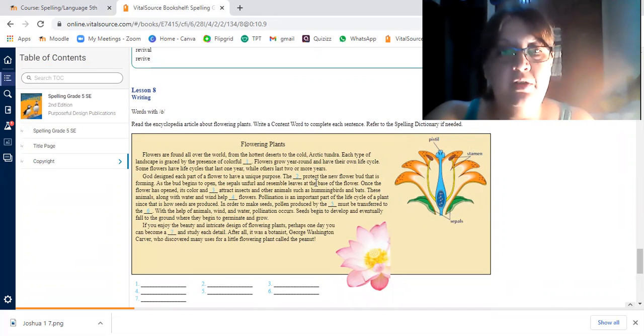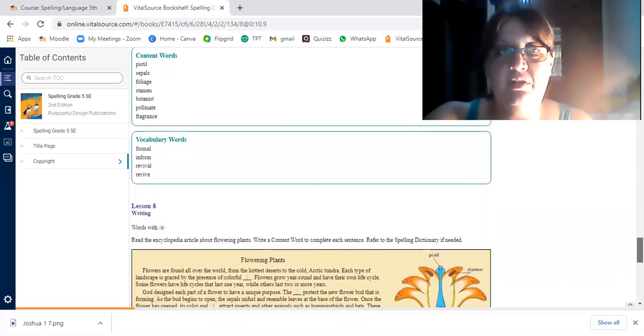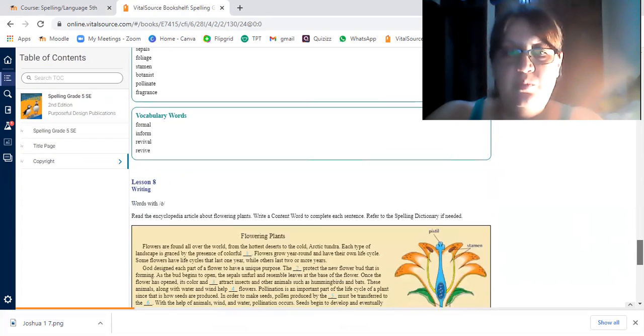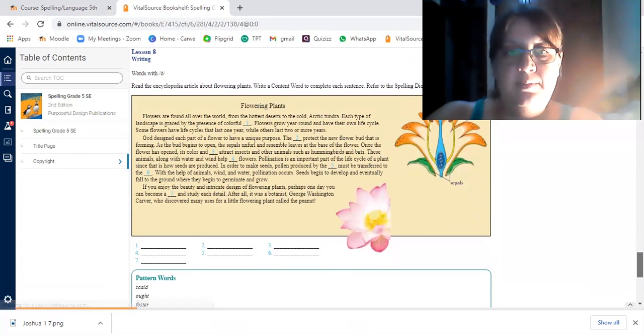All right, so what you're going to do is read the encyclopedia article about flowering plants, and then write a content word to complete each sentence. So to find your content words, all you need to do is scroll up, and then you'll see right here, here's your content words. Obviously they're ones about flowers because that's what you're reading about, flowering plants. And you're going to pick which word needs to go in each space.